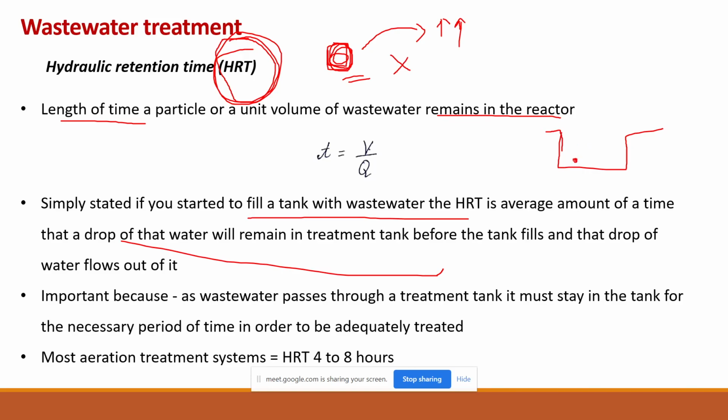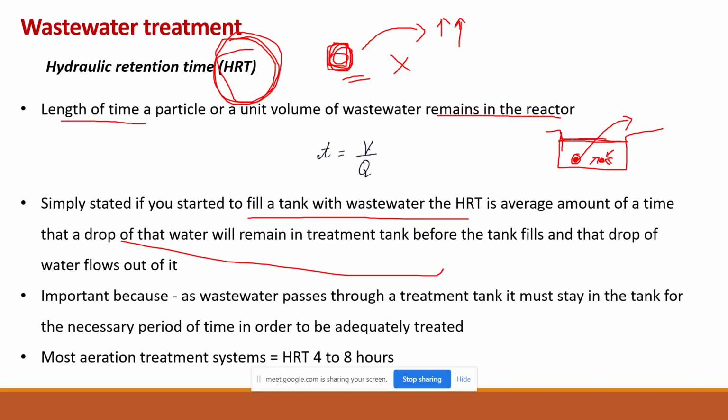It will be the time for which this droplet stays here until the entire tank is filled and the droplet flows out of the tank. This is important because it has to stay for the appropriate amount of time in the reactor so that the microorganisms can act on it and the organic matter can be degraded.